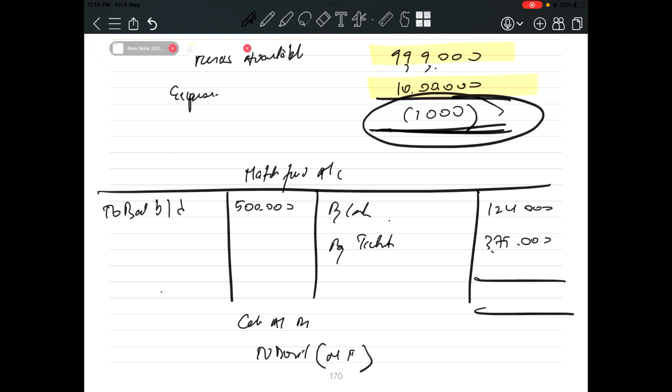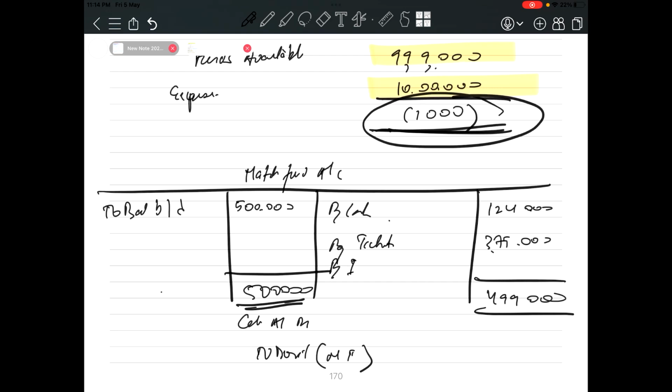Now see, what is the total of this? 1,24,000 plus 3,75,000, okay, the total is 499, and this total is 5 lakhs. So here there is a difference of 1,000 rupees, right?